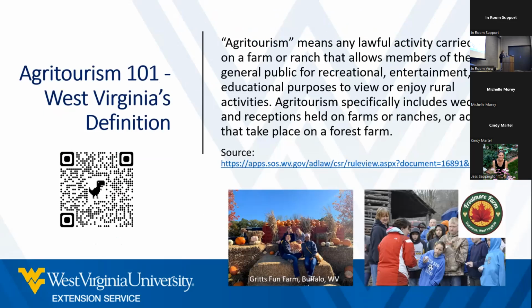Okay, there we go. We know that there is no universal definition for agritourism across countries, certainly across states in the US. But the definition itself lends itself to a lot of challenges. For example, in West Virginia, we define agritourism very broadly as anything lawful that happens on the farm.